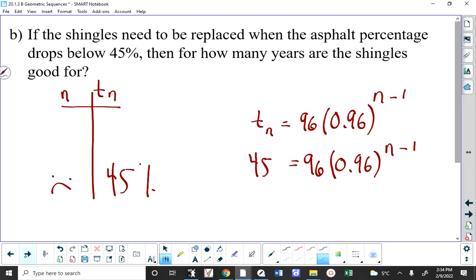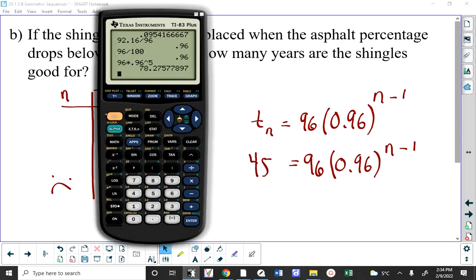So we're going to solve it on our graphing calculator by using the table features. And we've done that. We've used the tables. Yes, we have. Okay, so I'm not going to worry about the 45. I'm going to put in for y1 96 times, in brackets, 0.96 raised to, oh, here's what I was talking about earlier. You need brackets around that exponent because it's x minus 1.